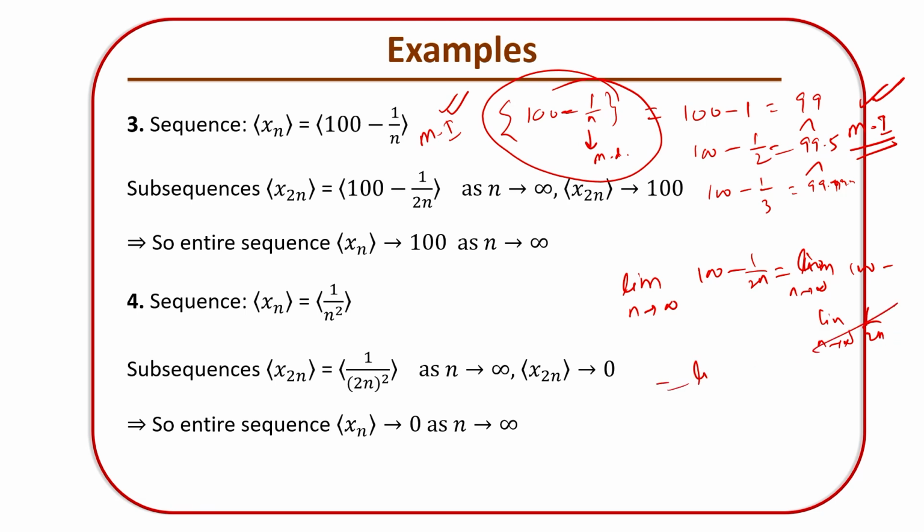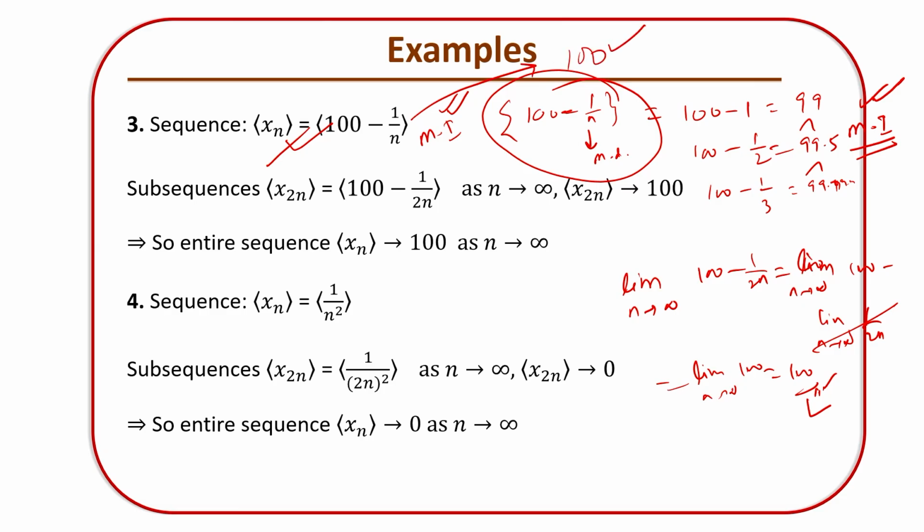So the answer is 100. So it is a converging subsequence with limit 100. Now without any calculations we can say that this monotonic increasing sequence x n equal to 100 minus 1 by n is also converging and converges to the same limit point 100.